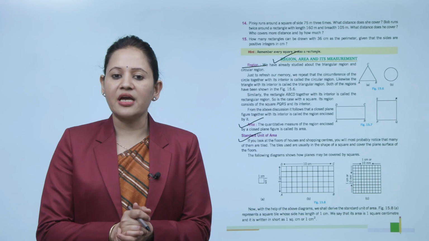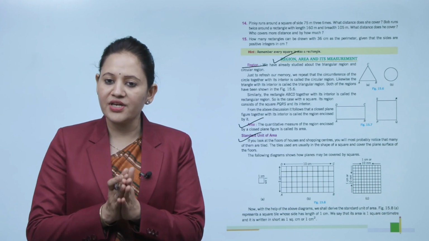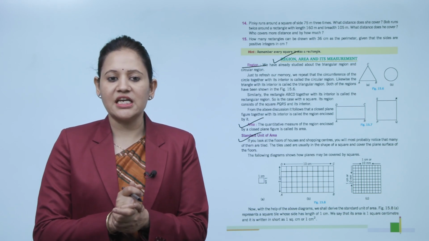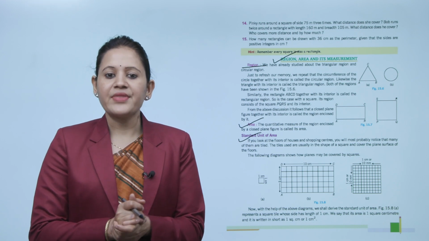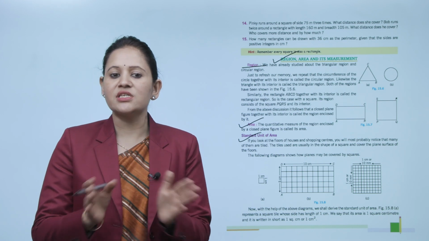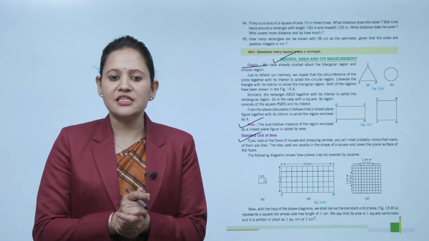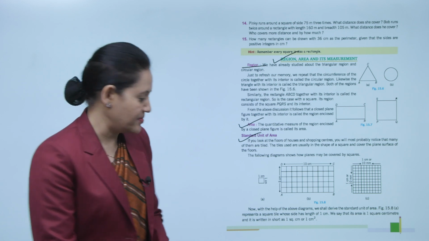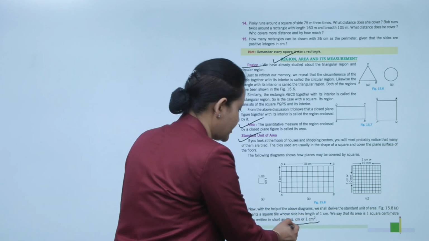Now with the help of our diagram, we shall derive the standard unit of area. Figure 15.8a represents a square tile whose sides are of length 1 centimeter. We say the area is 1 square centimeter, written in short as 1 cm square.